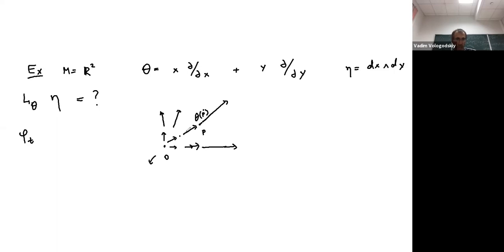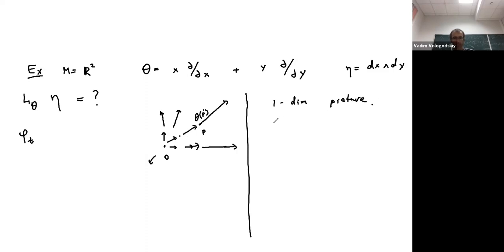Just because this phi sub t is going to commute with rotations because the vector field commutes. So let's look at the one-dimensional picture, right? So let's just restrict our vector field to the x-axis. Then it will be a one-dimensional picture.